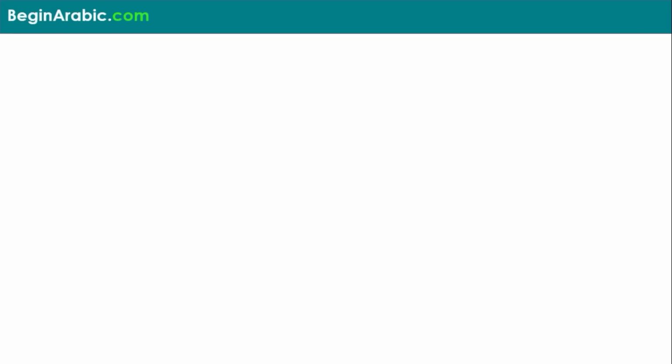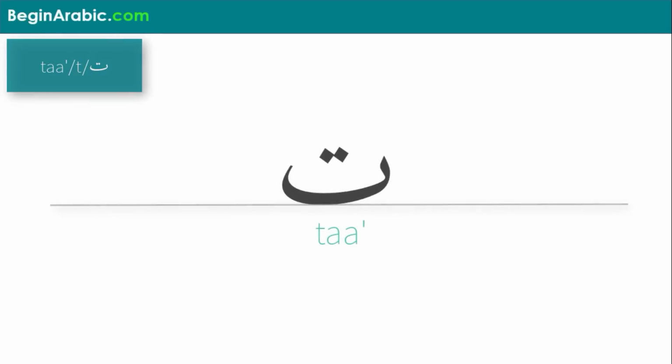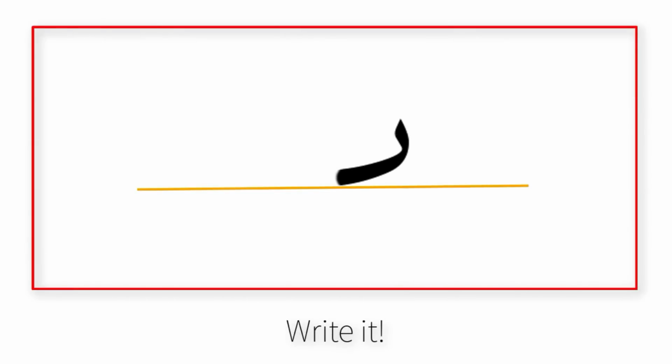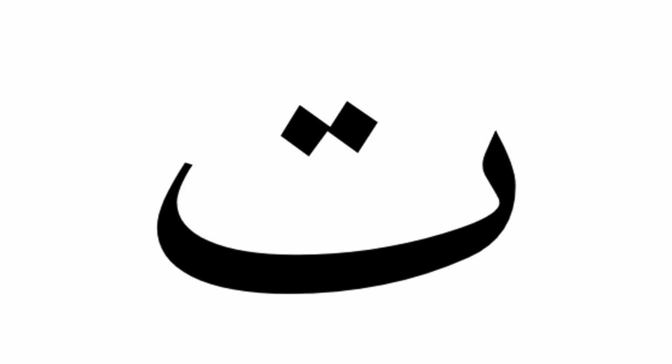The next letter that we have is called ta. Here we have exactly the same shape as the ba, except that the ta has two dots above the semicircle that sits on the line.